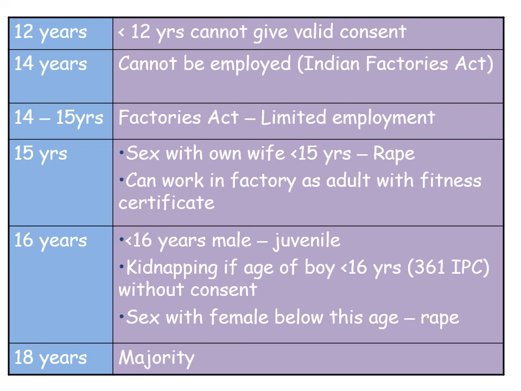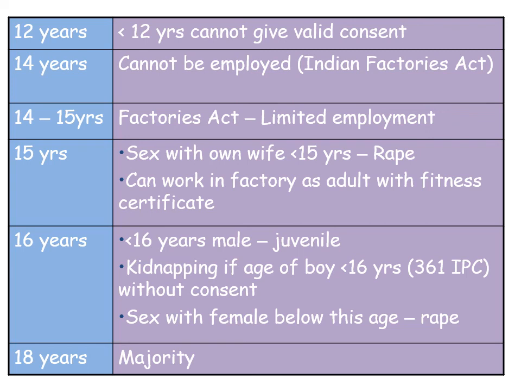At 14 to 15 years, he can be employed, but with a fitness certificate. At the age of 15 years, if he has sex with his own wife who is less than 15 years, it is considered rape, and he can work in a factory like an adult, along with the fitness certificate.